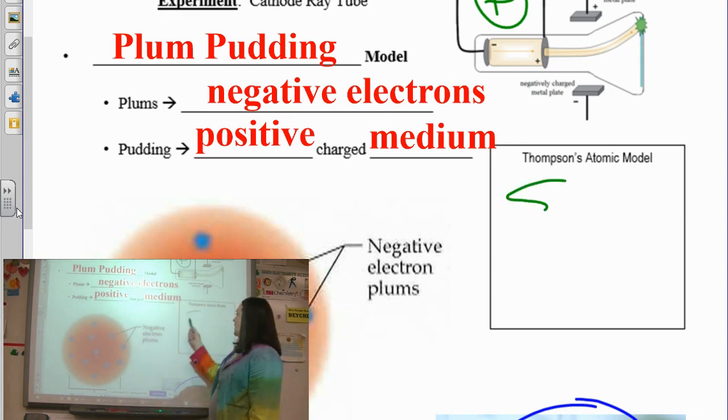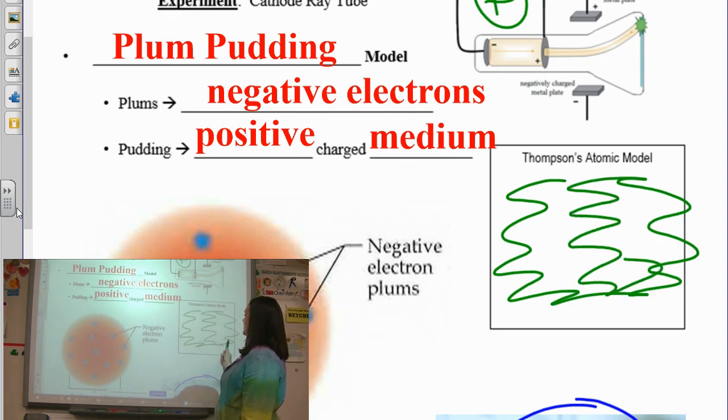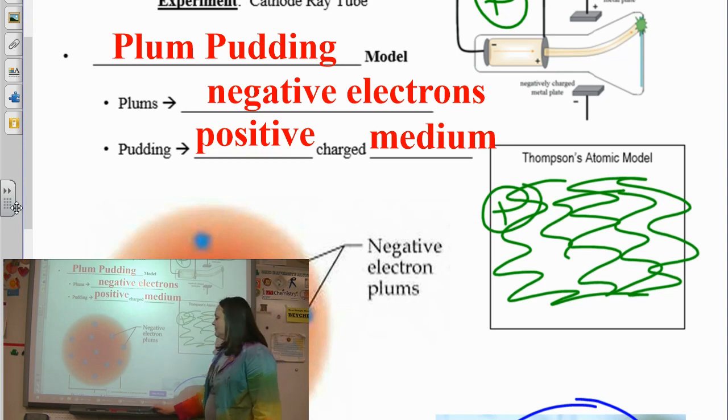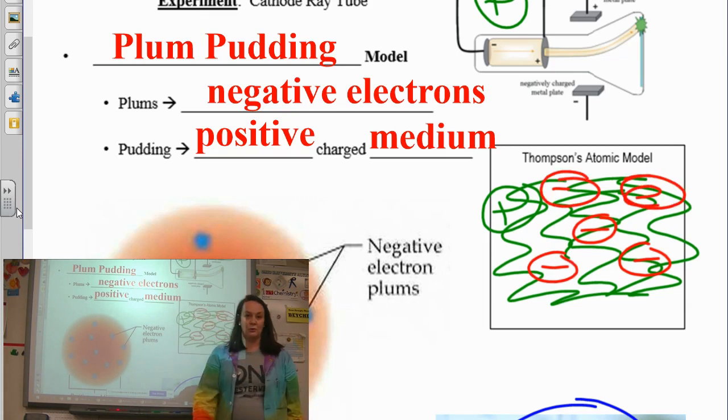If I were to draw it, he basically said that an atom has to be positive medium with little negative electrons scattered throughout it, kind of like chocolate chips in chocolate chip ice cream.